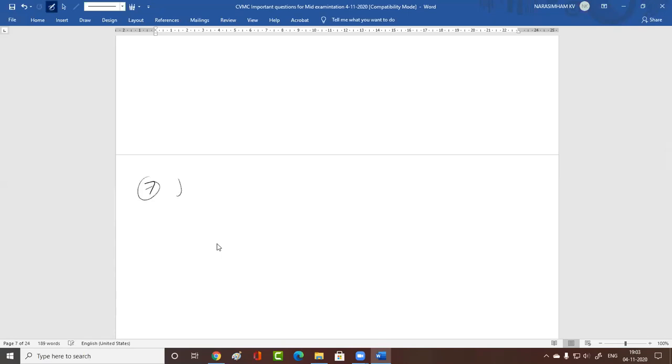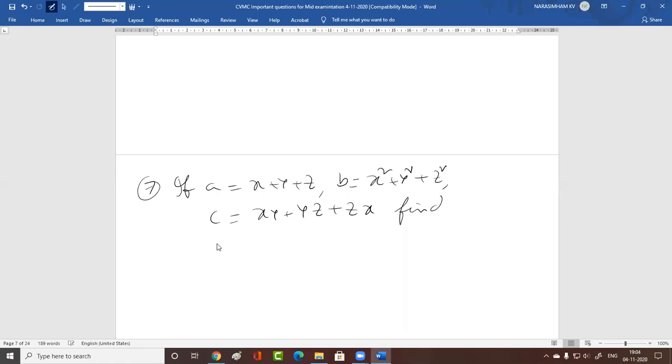If A equals x plus y plus z, B equals x square plus y square plus z square, C equals xy plus yz plus zx, then find box of grad A, grad B, grad C, or show that it is 0.